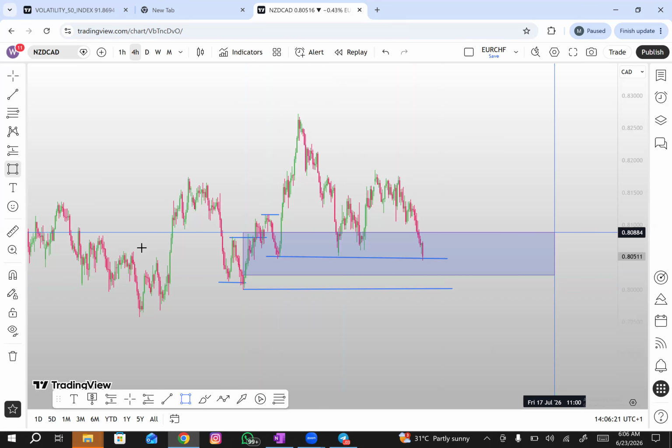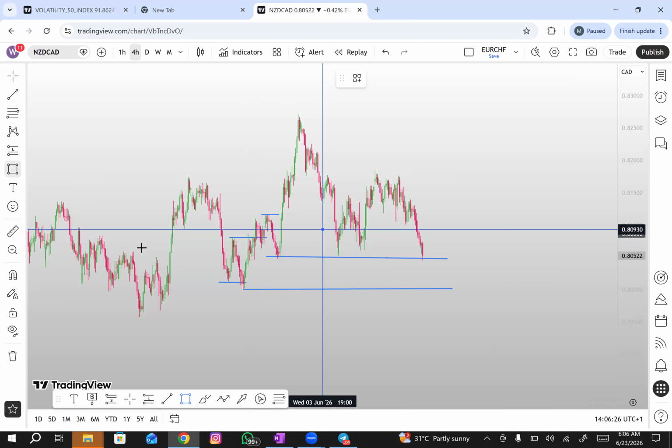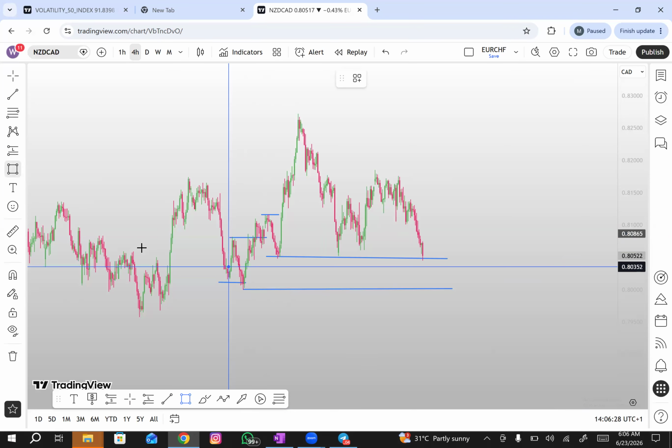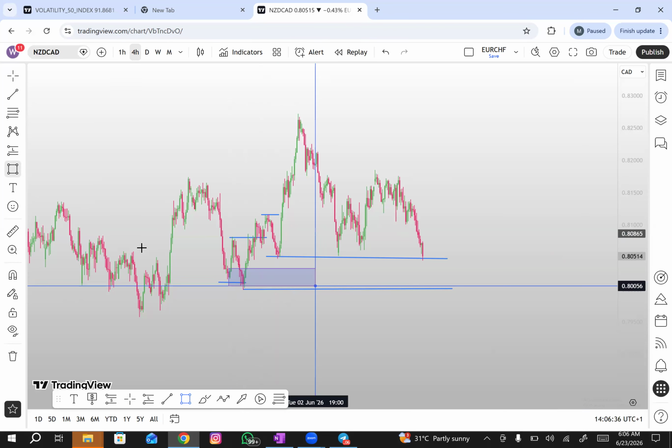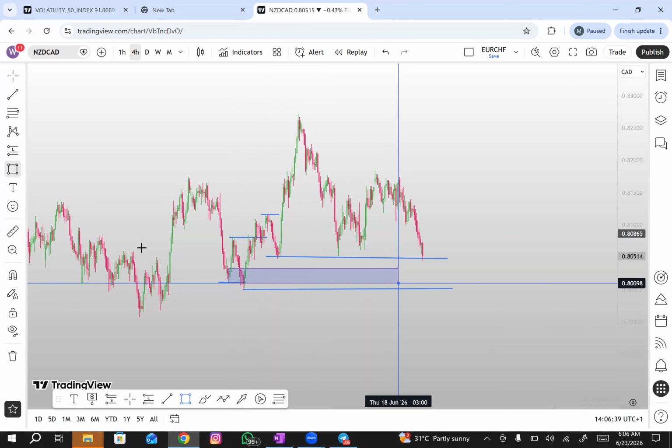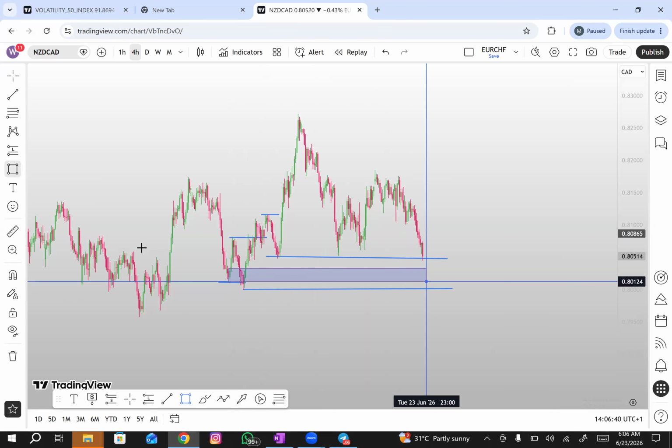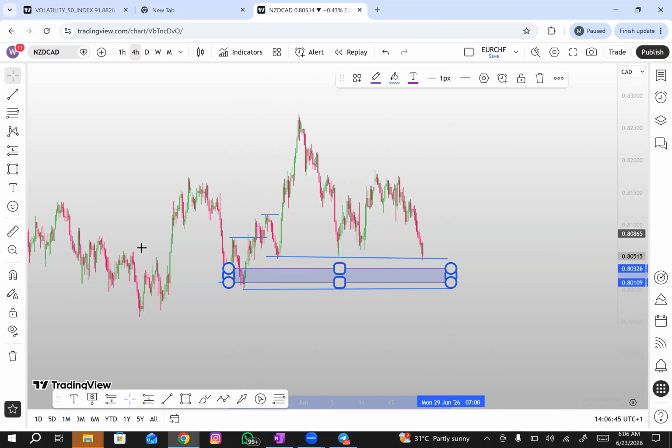So where is the QMR? This order block that failed. See this last bearish candle before that bullish move is your order block that failed.